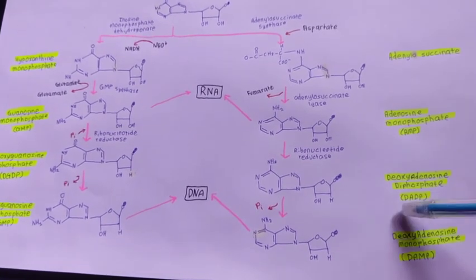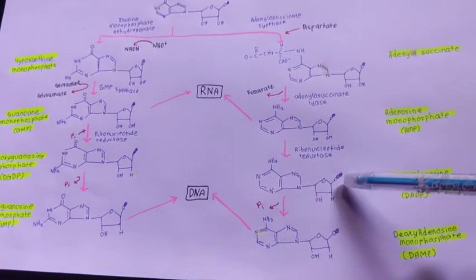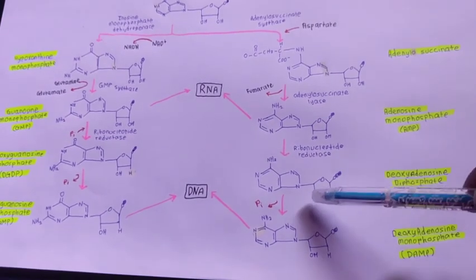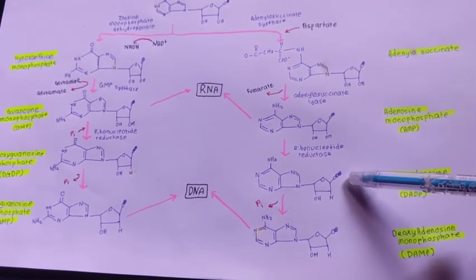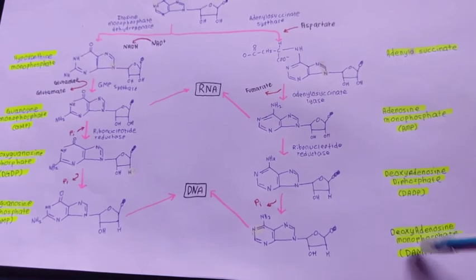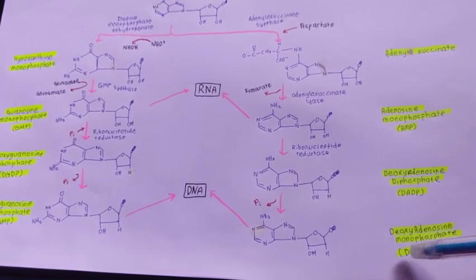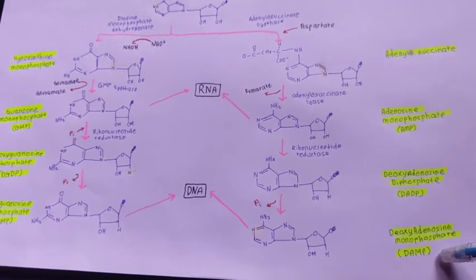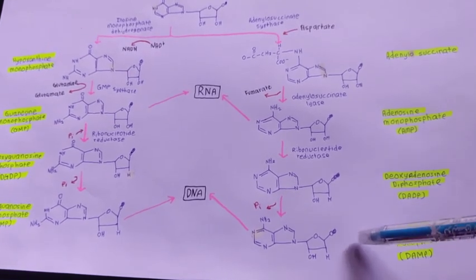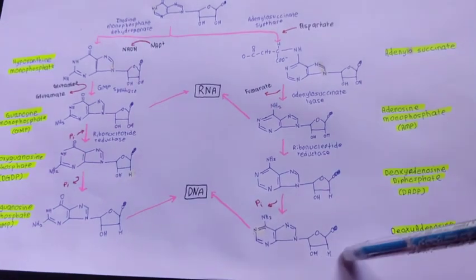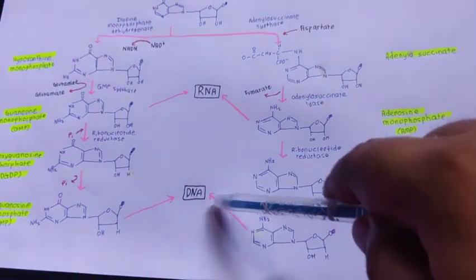Then this molecule has one phosphate group pulled out and is converted into deoxyadenosine monophosphate, called dAMP. So this dAMP molecule can be used to make DNA.